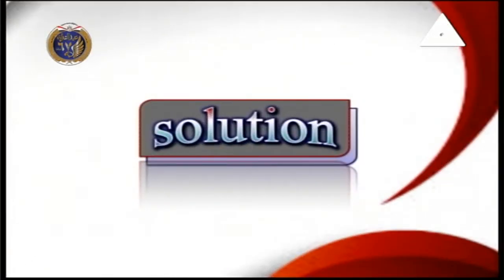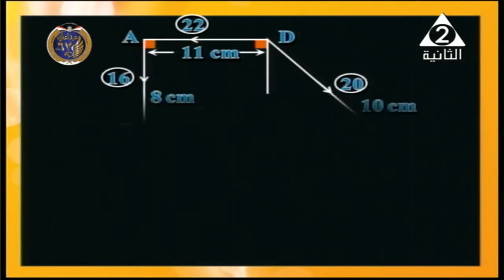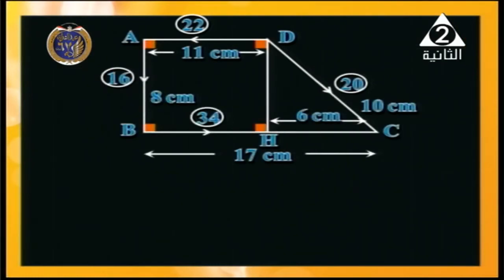Solution. Look at this, my dear student. ABCD is a trapezium. Angle A and angle D are right angles.